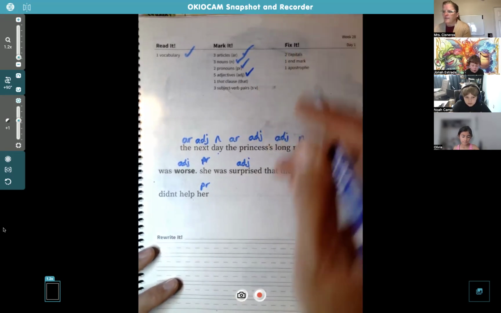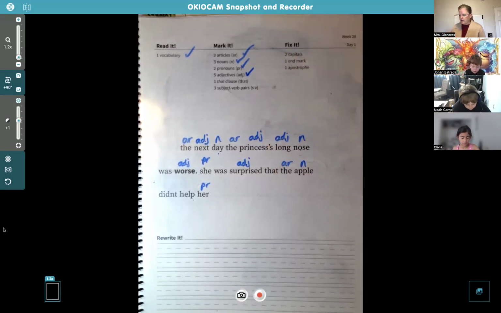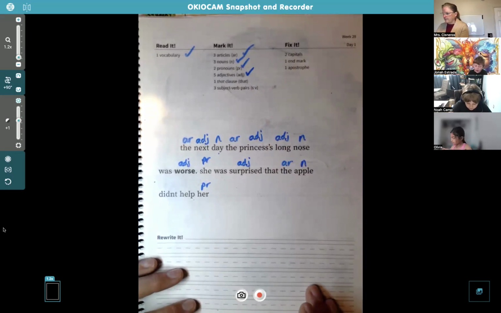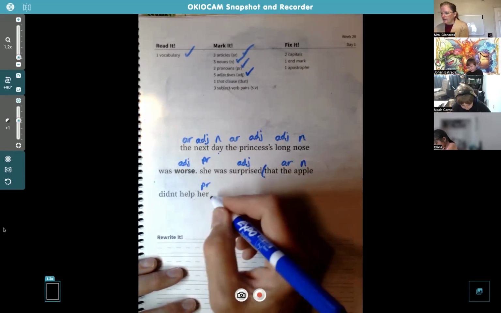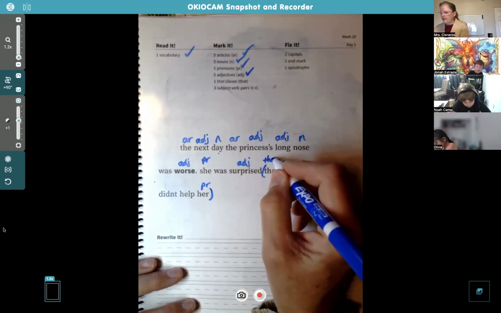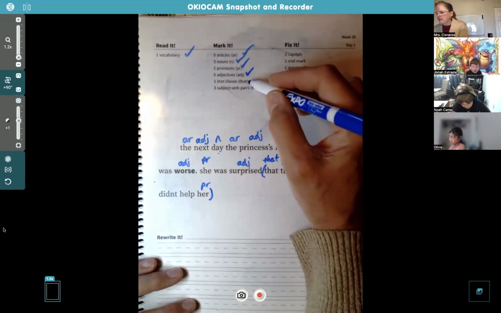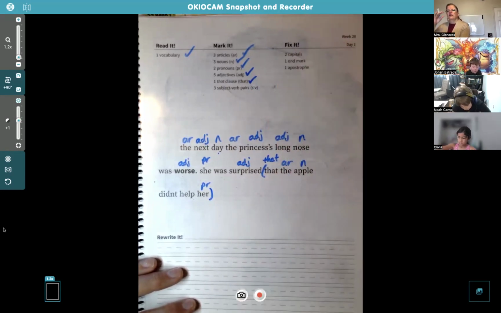Good. All right, Jonah, what about the that clause? So that clause. Where's that at? That the apple didn't help her. Good. Right, that. There, right. Subject verb pair. So Olivia, help us find the verbs, and then Noah, you'll help us find the subjects, okay?